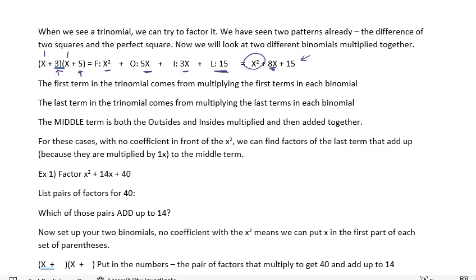So that's why it's just 3 plus 5. I'm making that distinction because in a couple more lessons, we're going to have a number in front of the x squared, and then it's going to get more complicated. But for right now, when x squared has nothing in front of it, just a 1, then all we're multiplying by is 1 and these numbers.